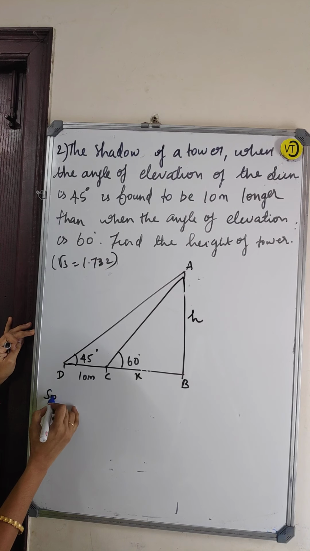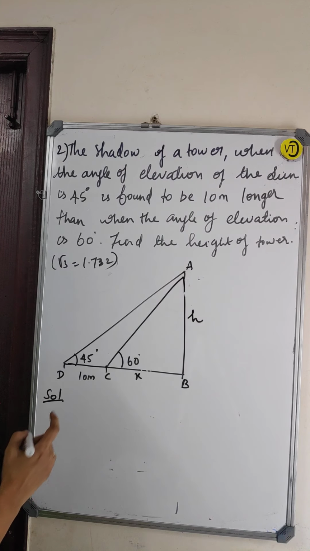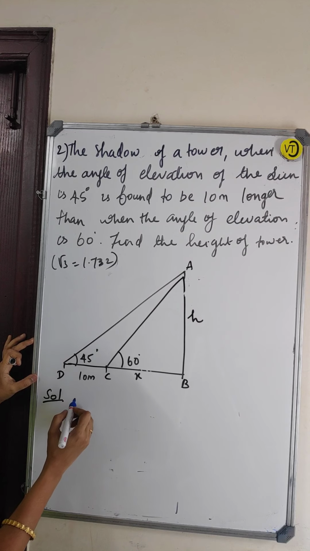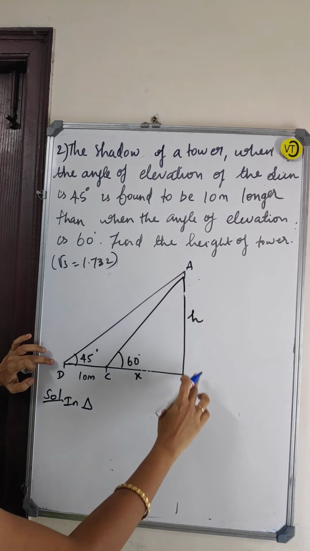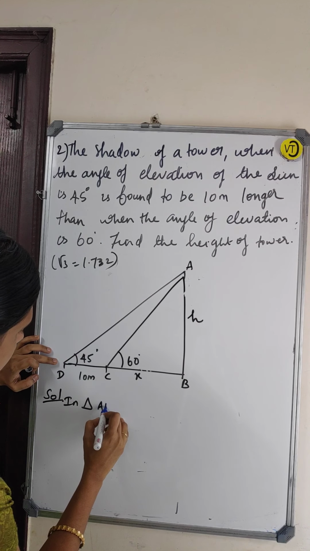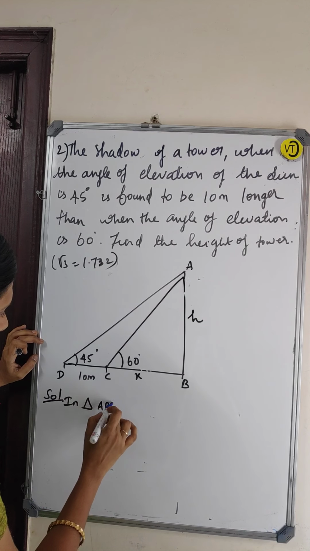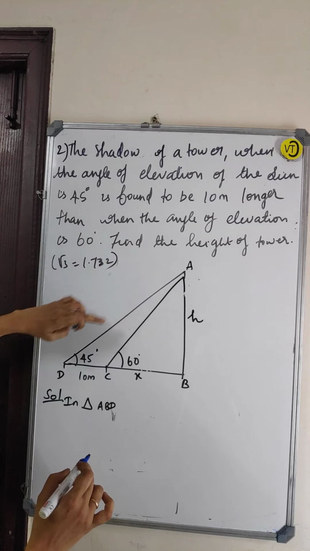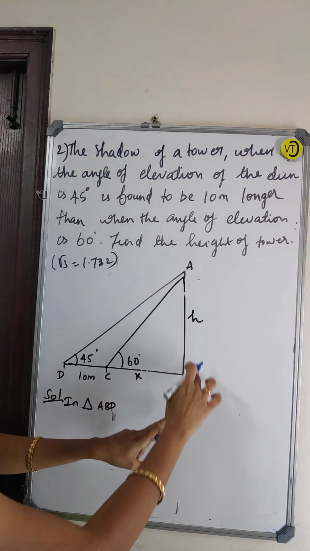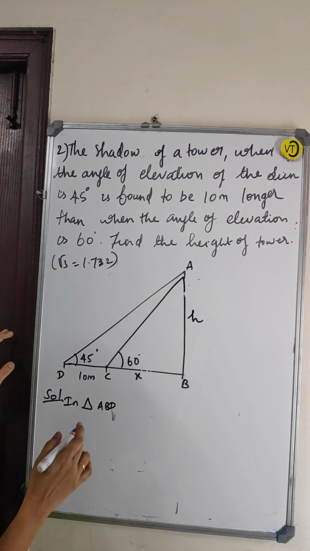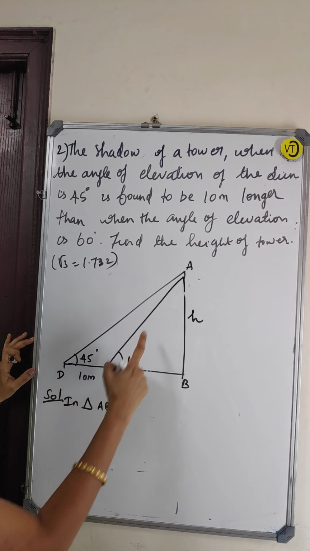So first solution. First of all, I am taking triangle ABD. Two triangles are there here: ABD is one triangle and ABC is one triangle. Listen first.